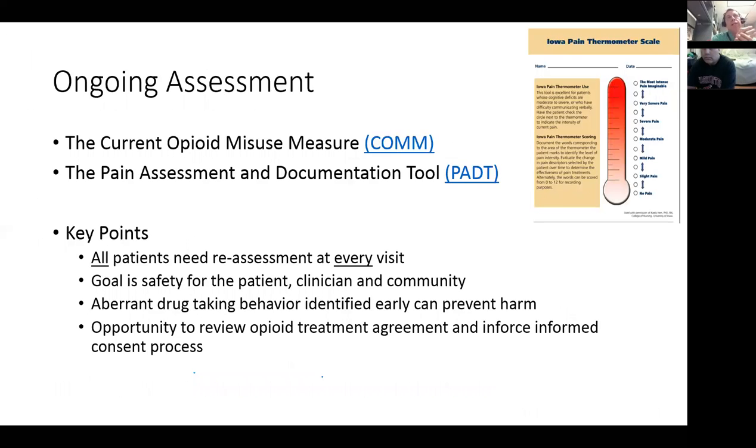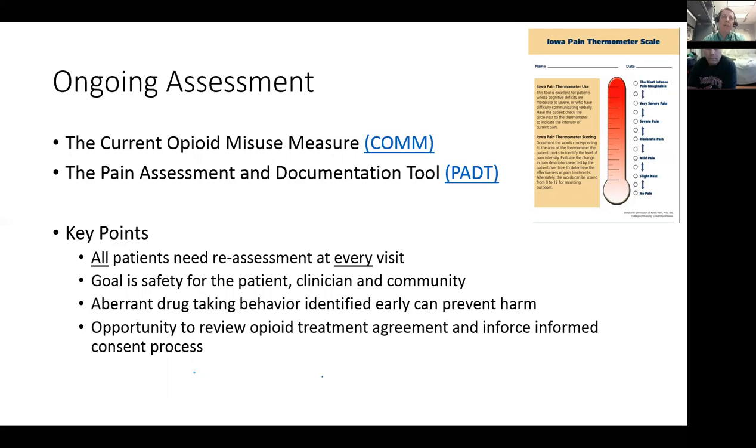So, as you all know, ongoing assessment certainly goes beyond just the simple pain severity ranking. We want to use a validated tool such as the Current Opioid Misuse Measure tool. And I think the Pain Assessment and Documentation tool is another good tool to give us an indication of not only how is their pain being managed, but what are they doing from a functional standpoint?